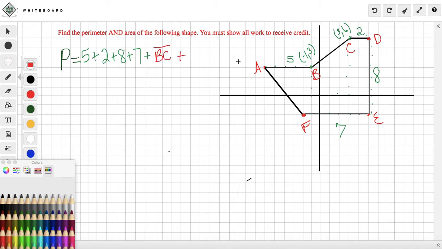And then I'm also going to have to add the distance of EF or FE, however you want to say it. The reason why I wanted to label those right now is because I don't want to forget them when I come back up here. You want to make sure you completed your formula so you don't accidentally leave something out.